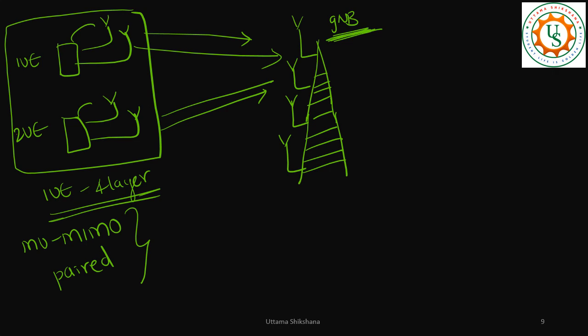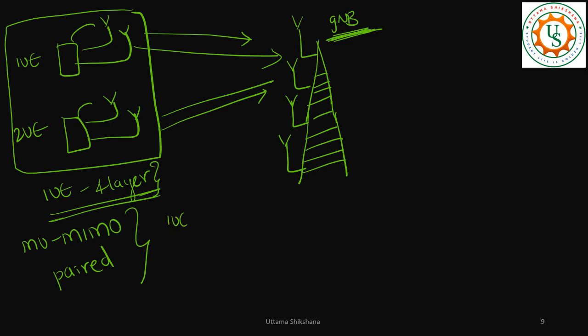Okay, so in this case, what about DMRS allocation for the first UV and the second UV? Since it is going to be a 4 layer case and we need separation across all these 4 layers, definitely we should have orthogonal allocations on all the four antennas.